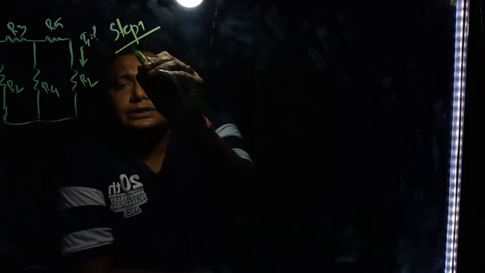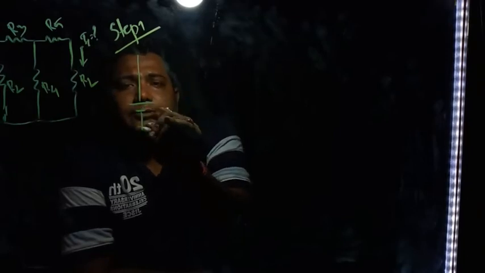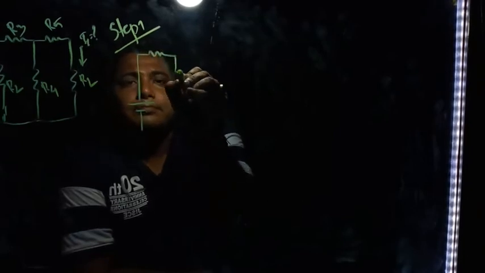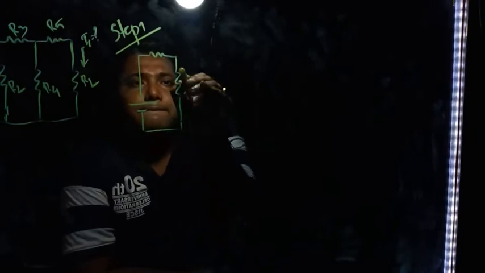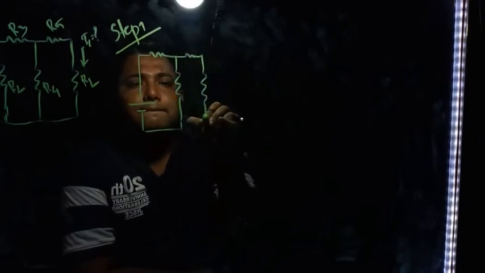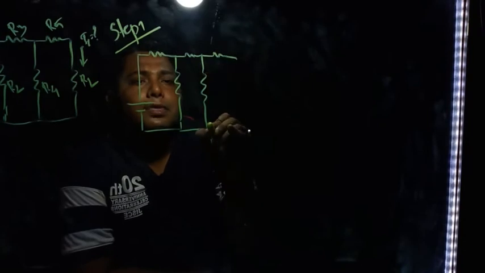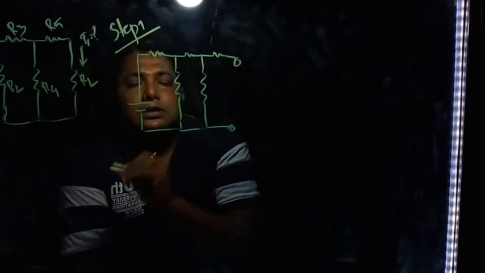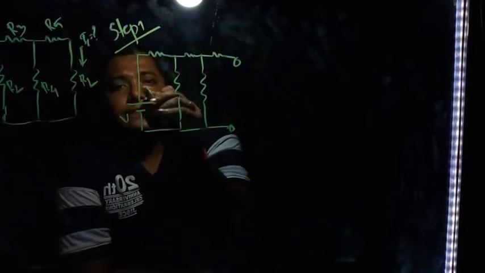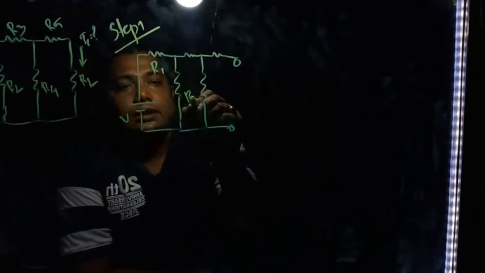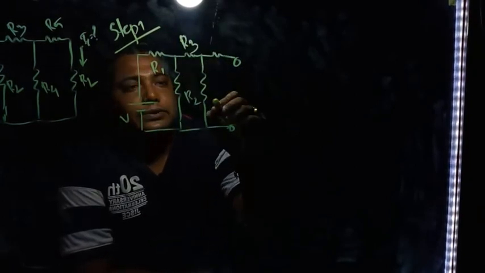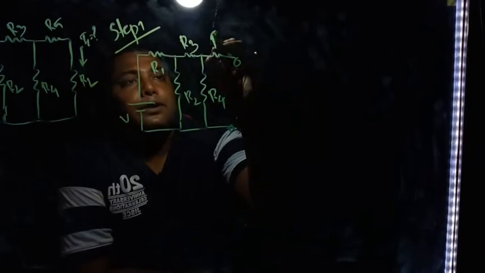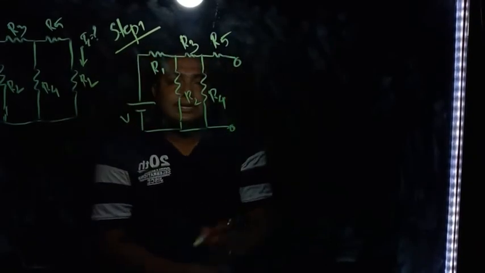Now, first I am drawing that one. So this is our circuit. So there is a V, R1, R2, R3, R4, R5, and the load resistance has been removed.